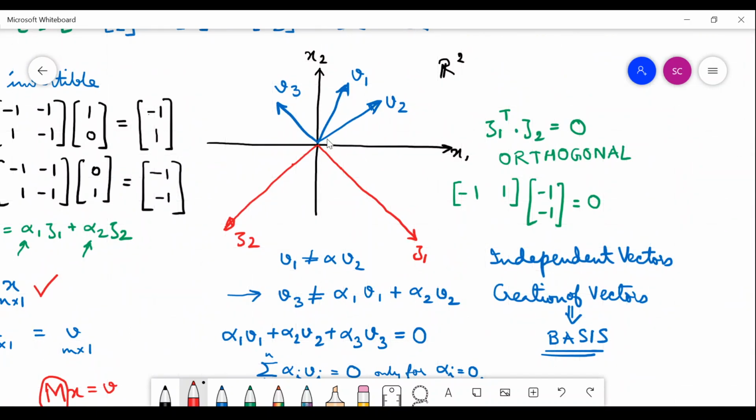One vector should not lie over another. If we have a third vector, we should not be able to construct that third vector with the help of a linear combination of the first two vectors. And in this way it extends, it keeps on increasing till n number of vectors.